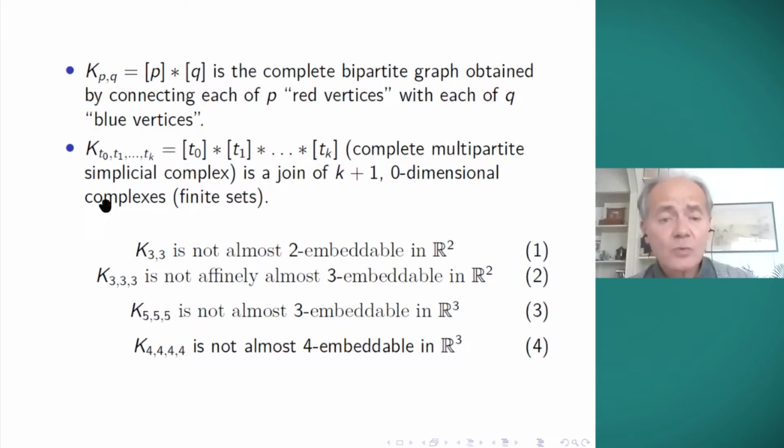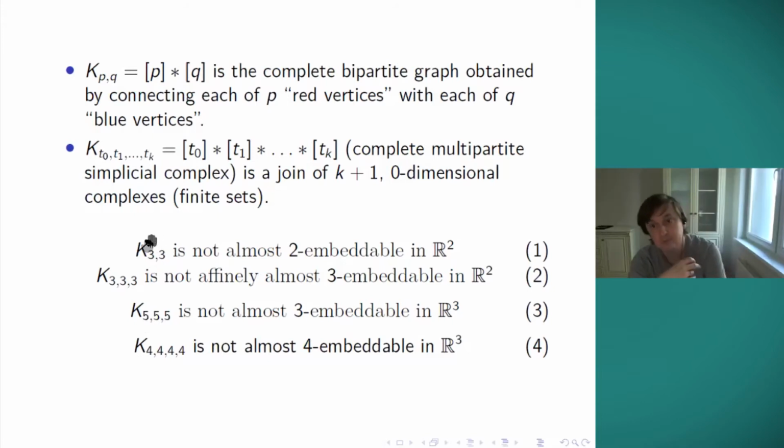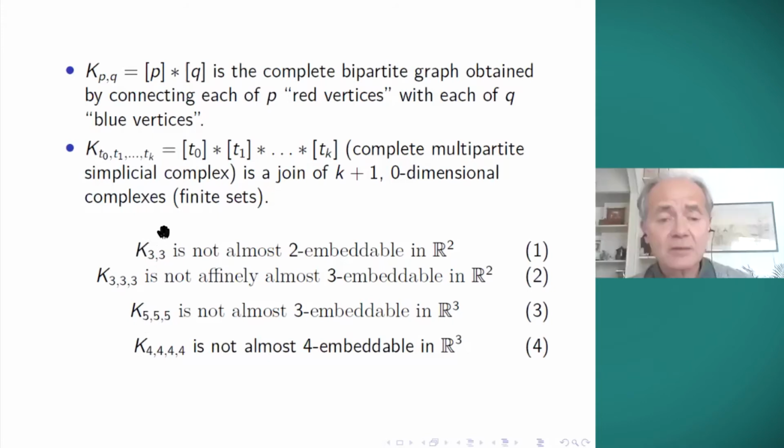And now, once we have these definitions, then we have already very interesting examples. For example, one of Kuratowski's graphs, K_{3,3}, the complete bipartite graph with 3 vertices on each side, is not almost 2-embeddable in R^2. So it is related to its non-planarity. But for us, here are probably even more interesting higher dimensional analogs.